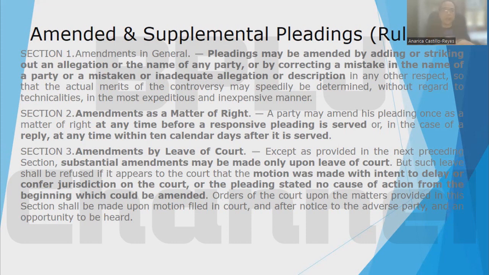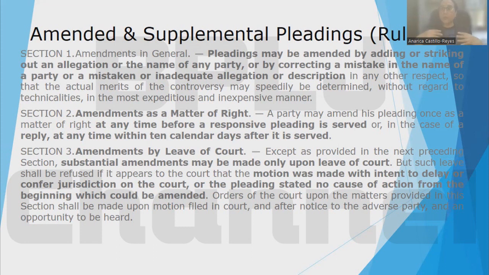On the other hand, if an answer was filed and served, and there is an actionable document, for example, which was filed in the answer, the defendant at any time before a reply is served enjoys the right to amend the answer as a matter of right.